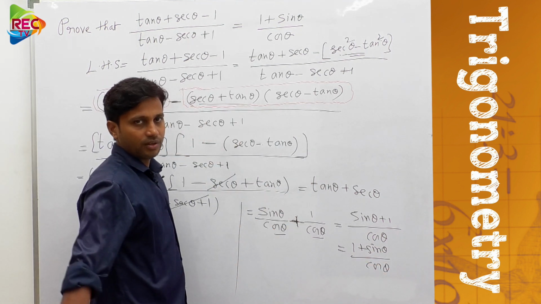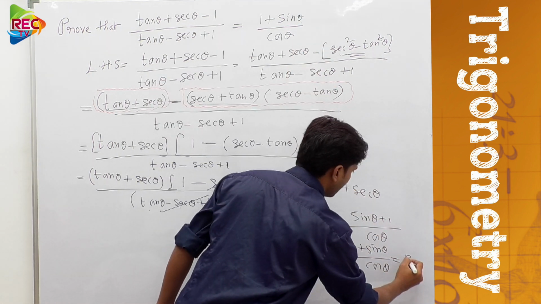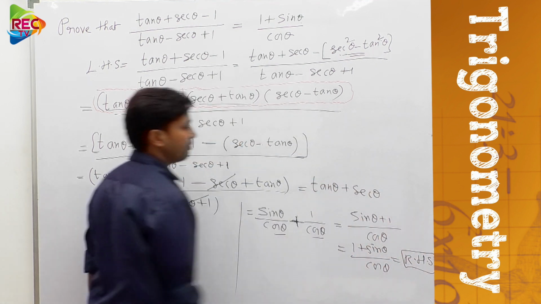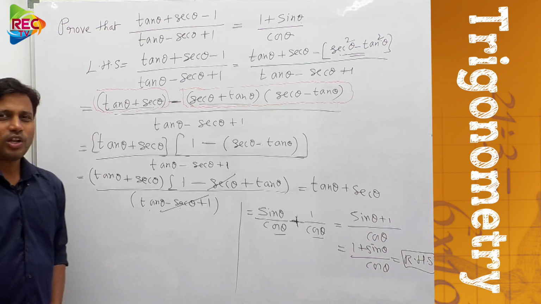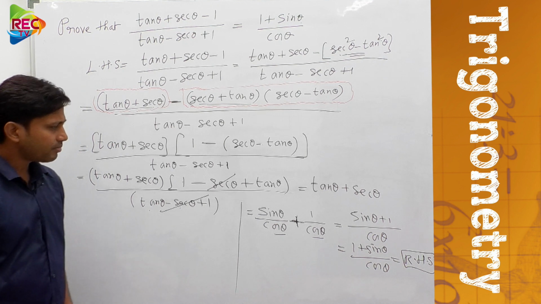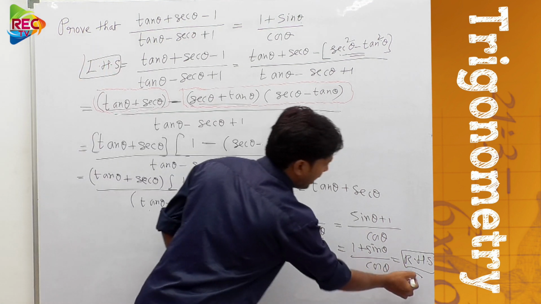Order we changed. Okay, 1 plus sin theta by cos theta, which is your required RHS. So we proved it or not? Yes, we proved it, just by making a small arrangement. Understood? Okay, anyways. So we took the LHS part and we obtained the RHS part.